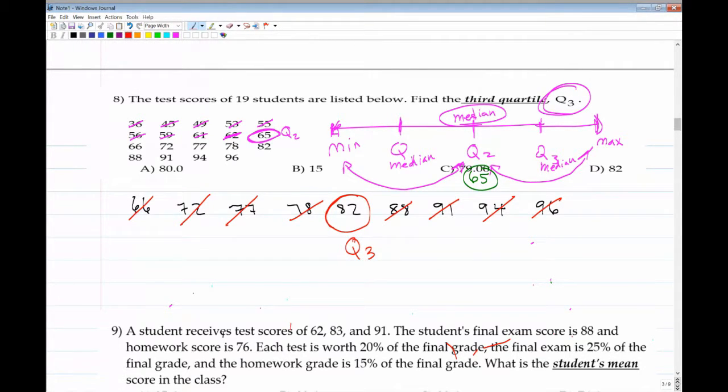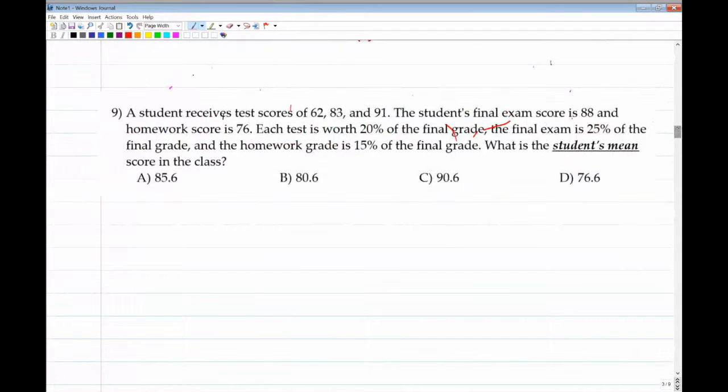Now, let's go to the next problem. The next problem is: you have test scores, a final exam, and homework. Each test is worth 20%.